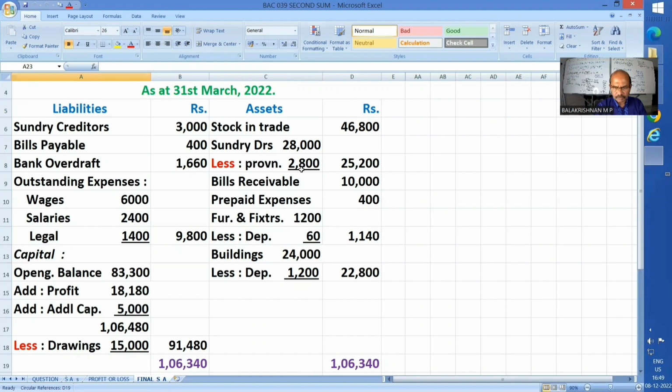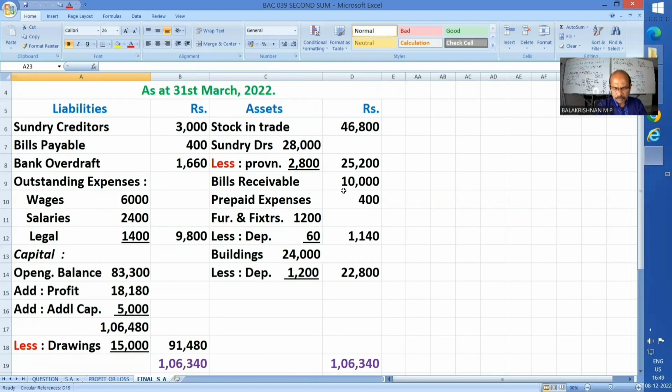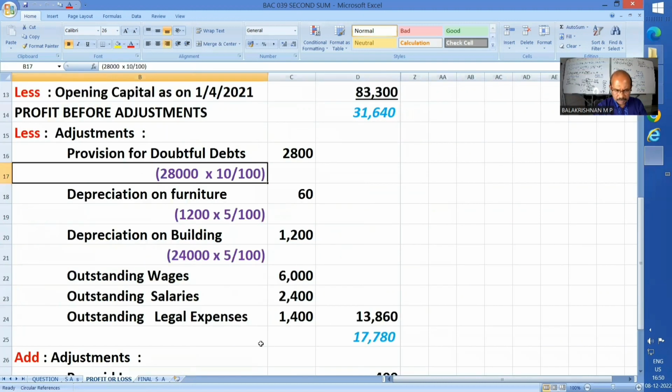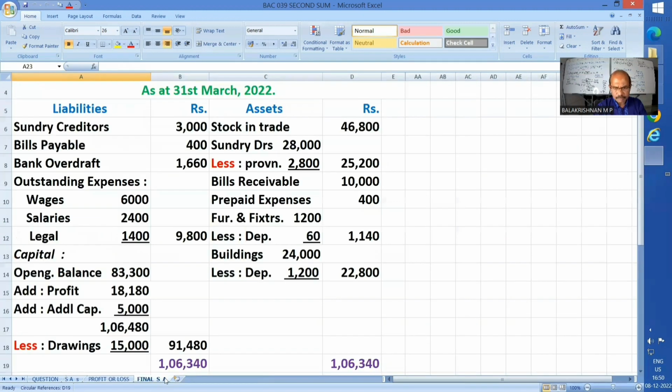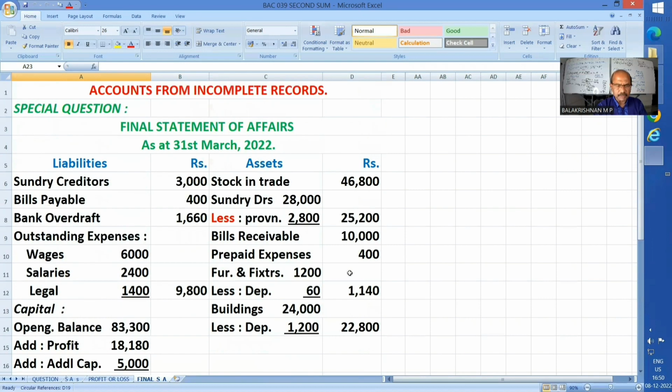Sundry debtors, I find there is an adjustment in my statement of profit and loss, so the net amount I'm showing. Bills receivable as it is. Prepaid expenses 400, it is reflected here. Furniture and fixtures subject to depreciation, building subject to depreciation. The total comes to 1,06,340 on this side.